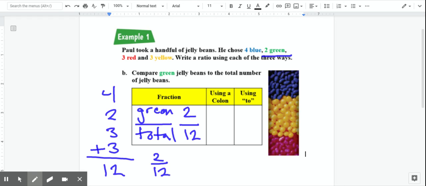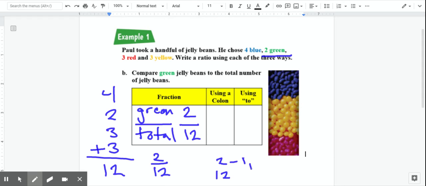And I need to find the greatest common factor, or what you may remember as the GCF, to help me simplify my fraction. So if you already know the GCF, then you could divide that instantly. But I'm going to show the steps of 2 and 12.